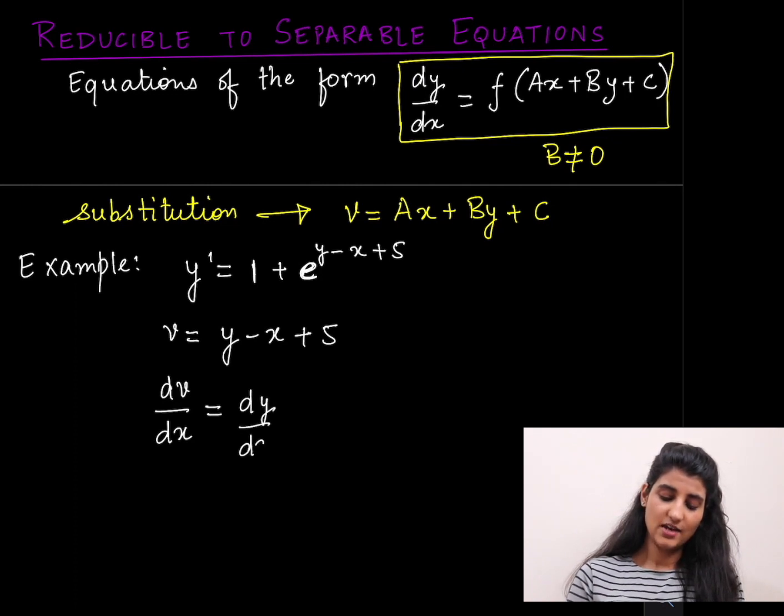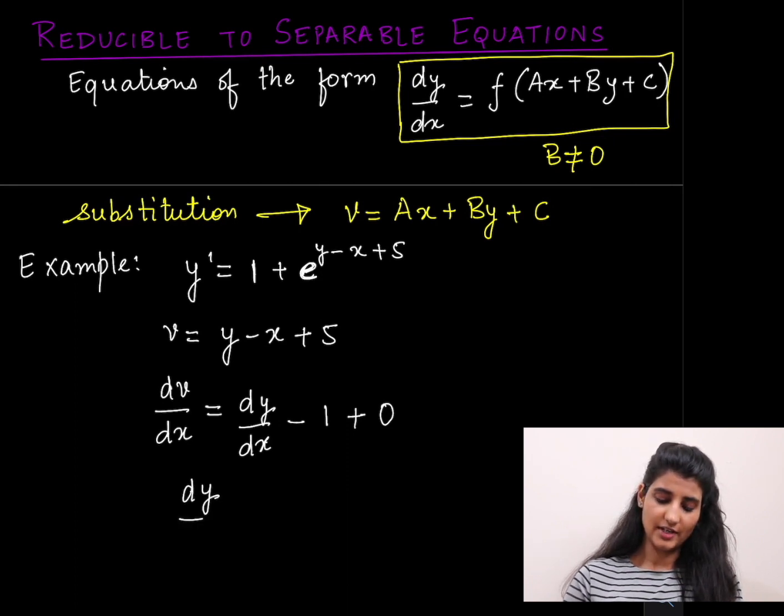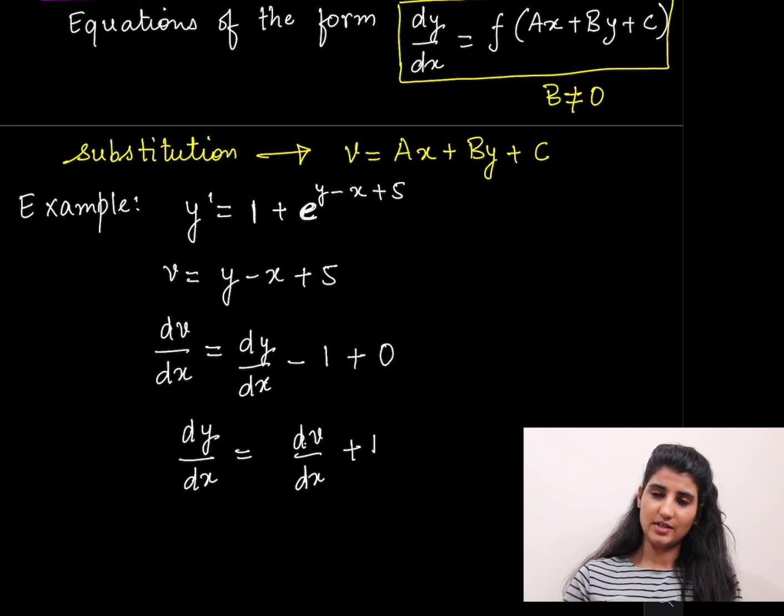Derivative of y with respect to x minus derivative of x with respect to x is 1, derivative of constant is 0. So derivative of y with respect to x is derivative of v with respect to x plus 1.